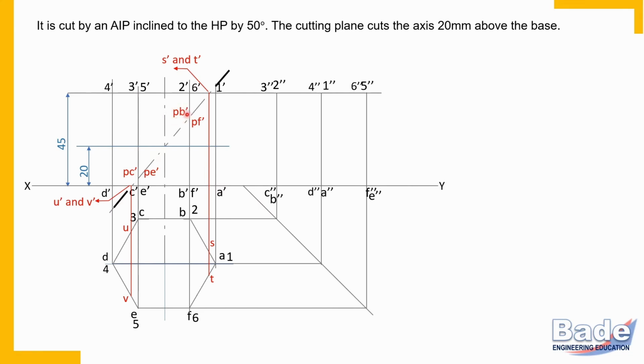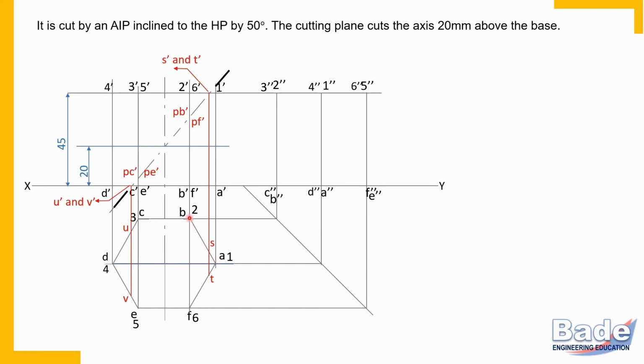Corner PB is on edge B2. This point PB is on edge B2. So transfer this point PB on edge B2 in the top view. Where is edge B2 in the top view? So this corner. Because all face edges are vertical, all face edges A1, B2, C3, D4, all these face edges appear as a corner in the top view.